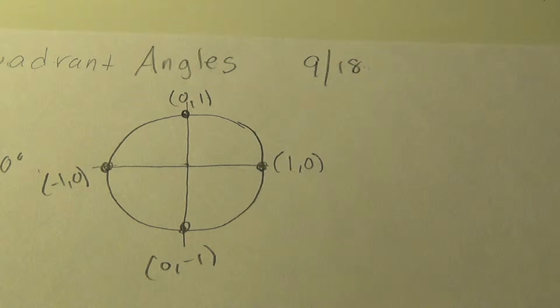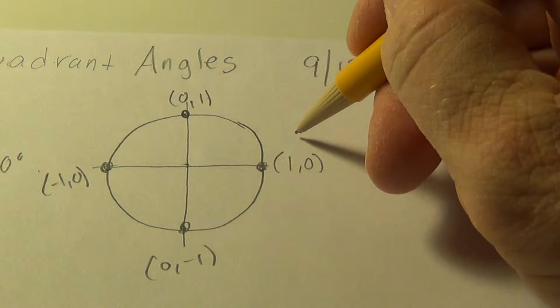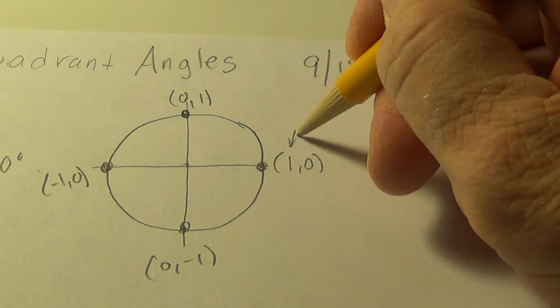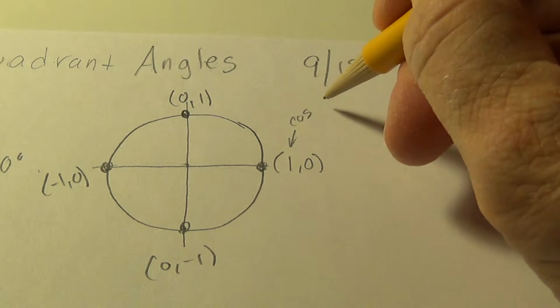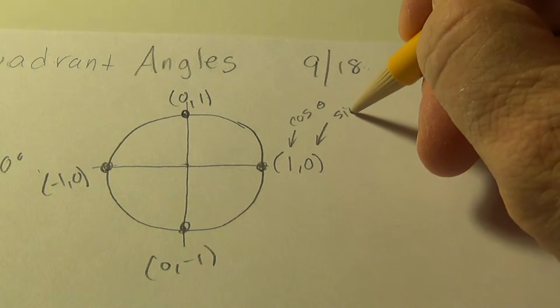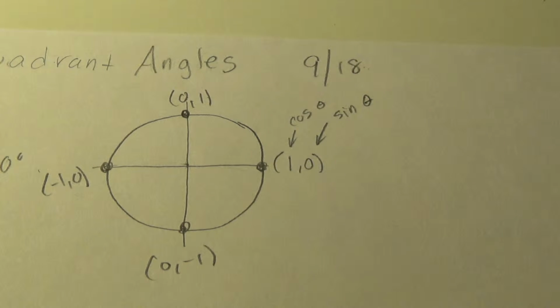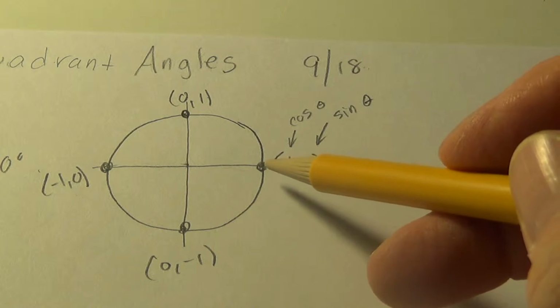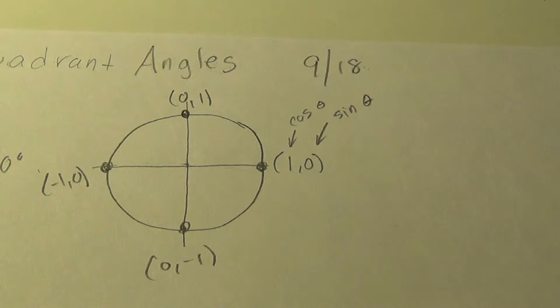With those from our training, the first coordinate is always the cosine, and the second coordinate is always the sine. And that happens even at the quadrant angles. So we're going to make a little chart.